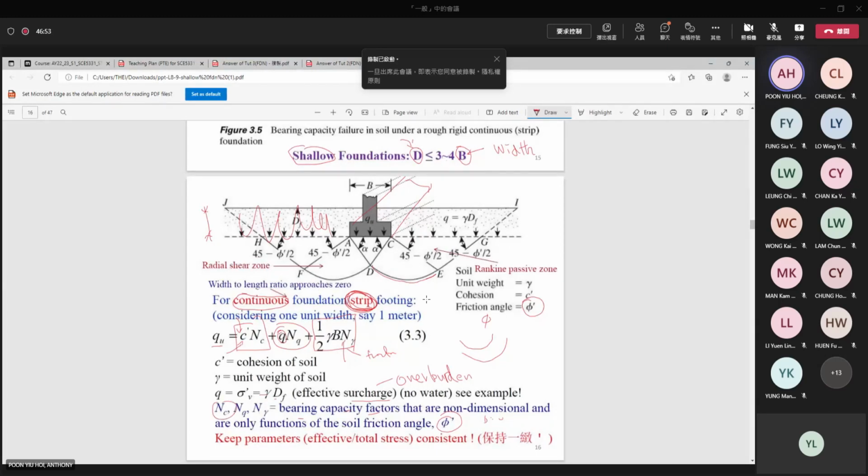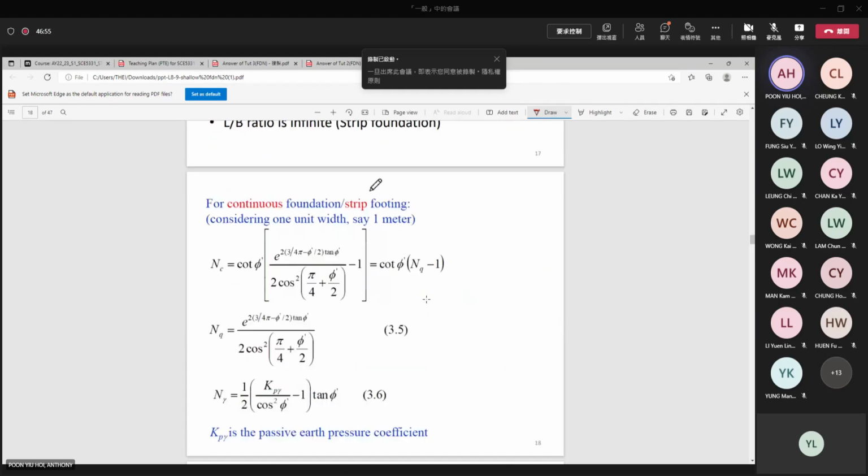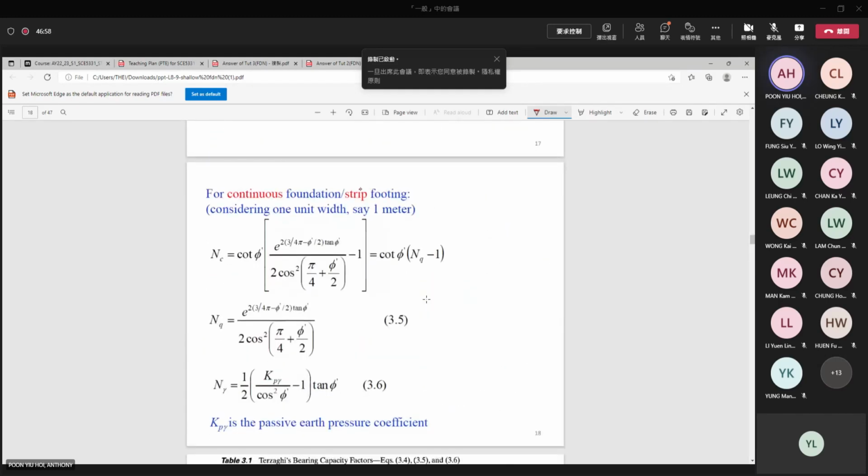Okay, so this is given by a series of formulas. Each of these bearing capacity factors is given by this formula. Okay, so you must be very happy with this formula. It just depends on the friction angle, you see.